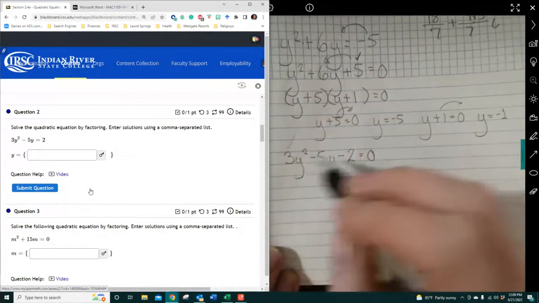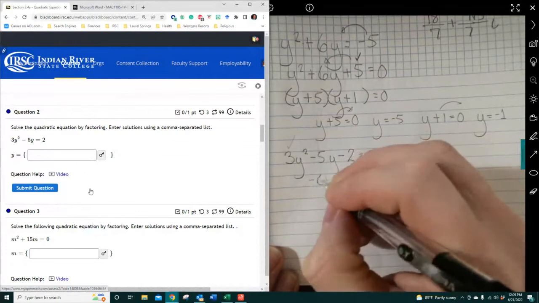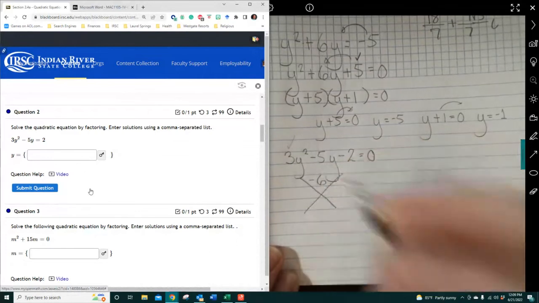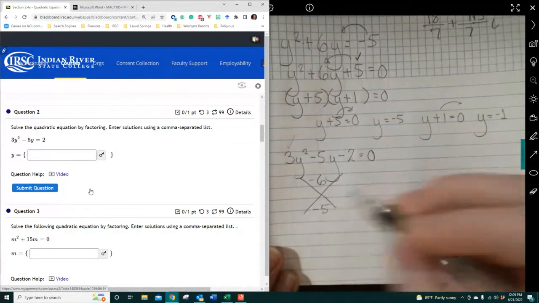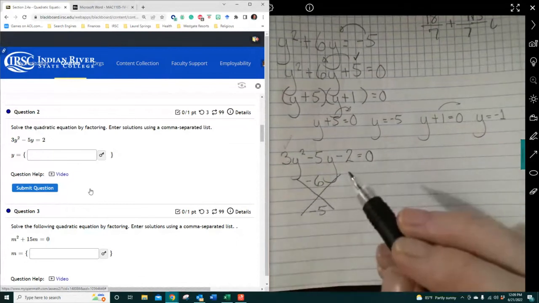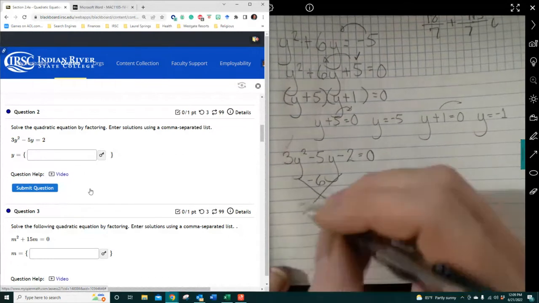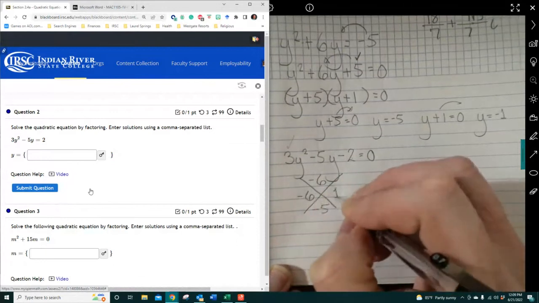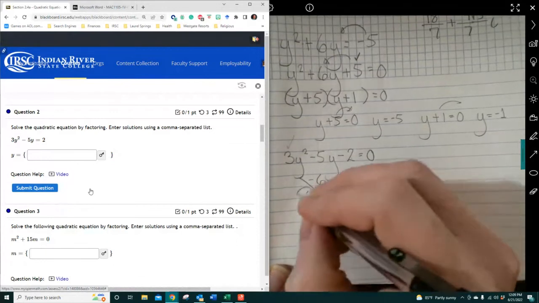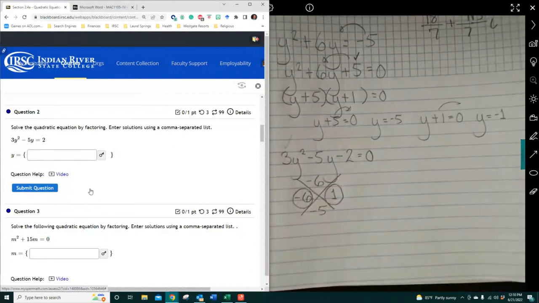So here, the way to solve this is by multiplying these two together and put it as an X like this and put the -5 here. Now, you have to ask yourself what two numbers multiply together to create -6 that add up to -5. And so it is, we have -6 and +1, because that adds up to -5, but also multiplies together to create -6.